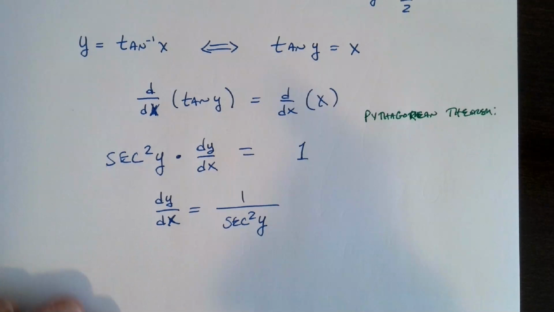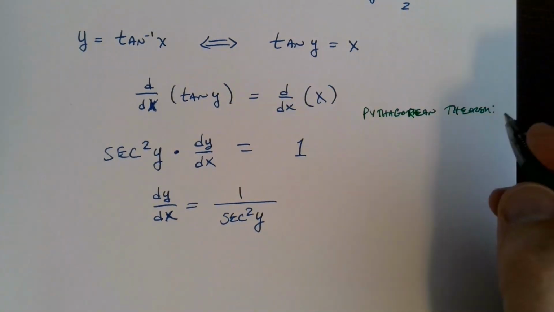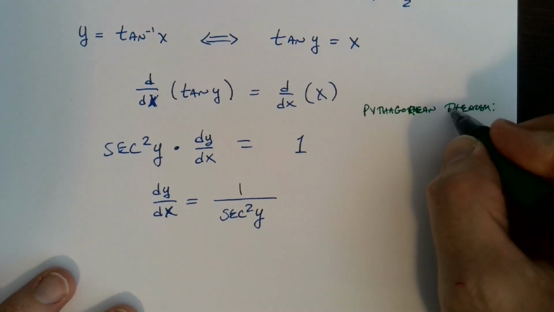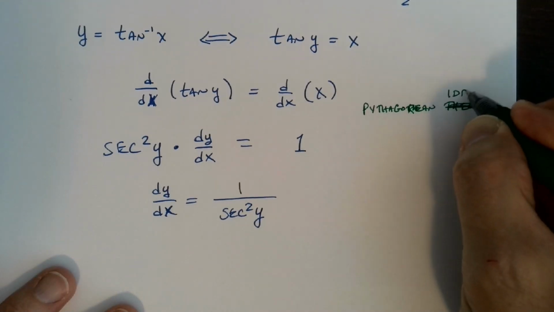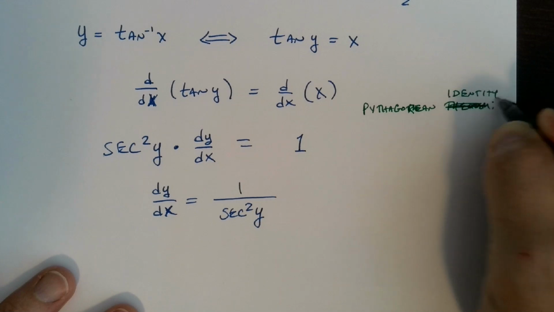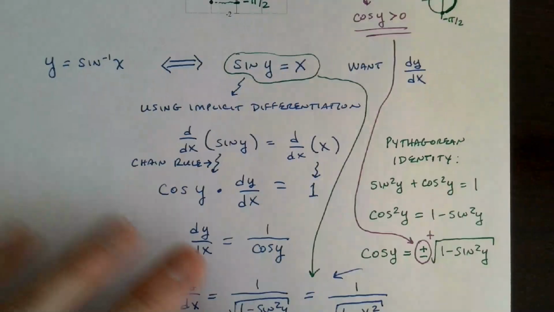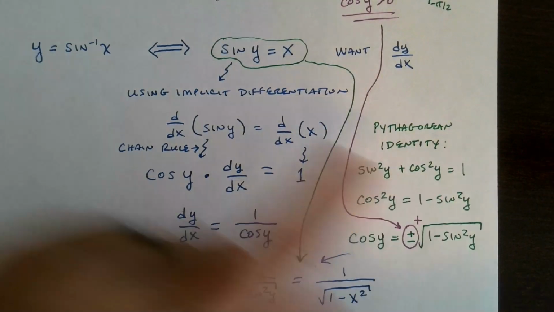There's actually 3 different Pythagorean theorems, if you will, 3 different equations, 3 different identities. I said theorem, it should be identity, excuse me. Identity is what I meant. And we saw the one here, right? Sine squared y plus cosine squared y is 1.